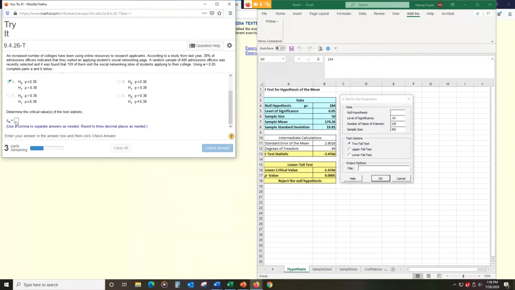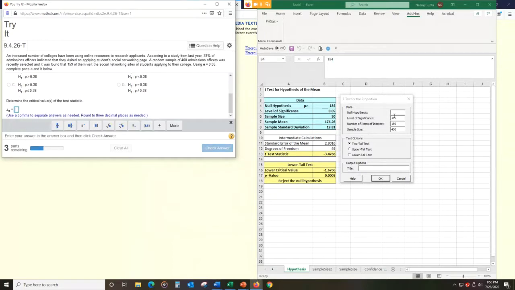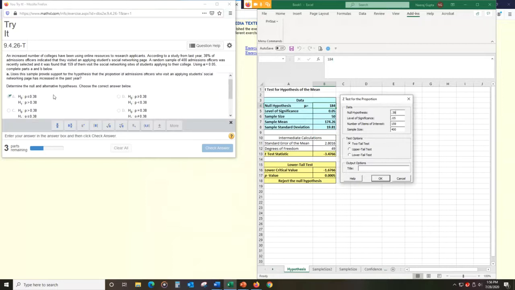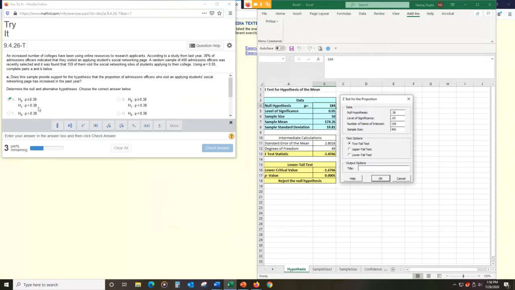Now it says find the critical value. So to find the critical value, I'm using this and I will provide the null hypothesis as 0.38, and the alternate tells me the type of tail test. It is strict greater than, so it is an upper tail test. So you notice here the tail test is from the alternate.